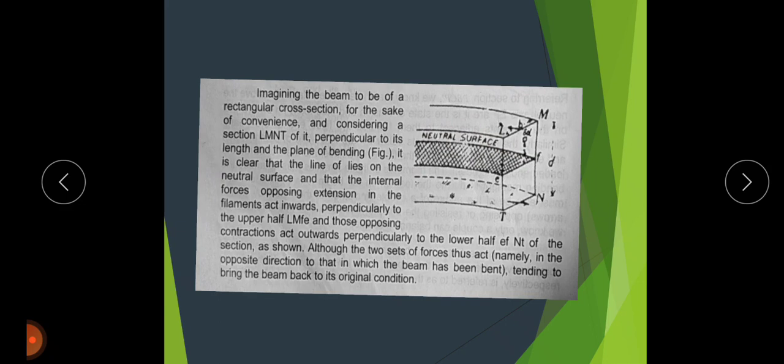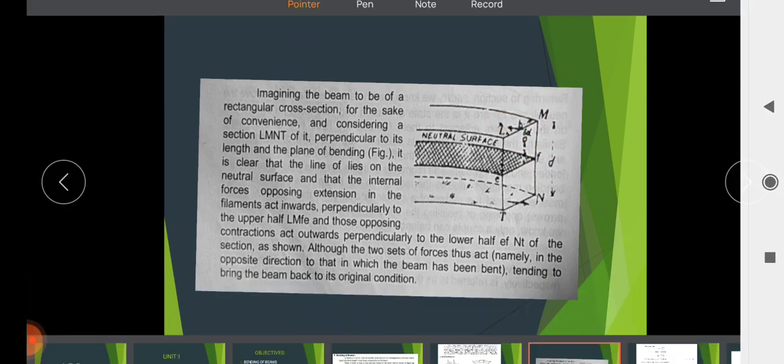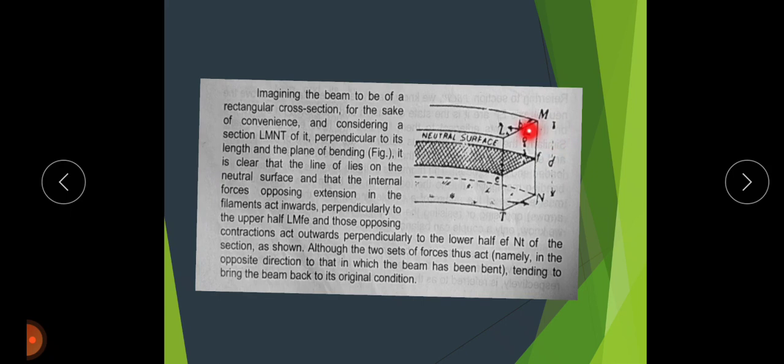The internal forces opposing the extension in the filaments act inwards, perpendicular to the upper half, which is taken as LM and FE.